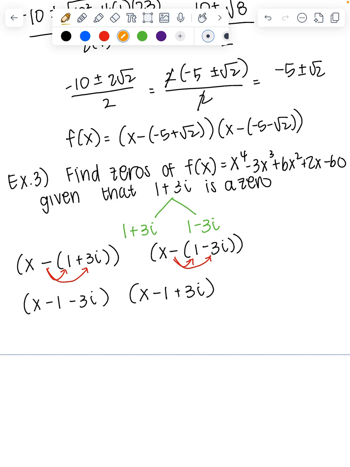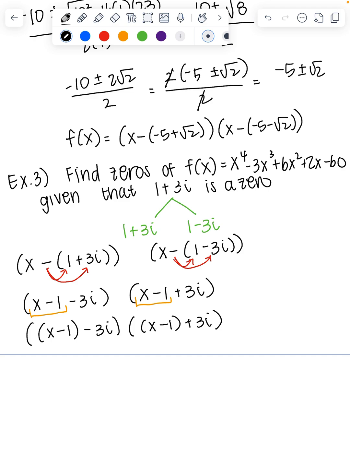Okay, and what we're going to do is group this so that it becomes essentially factored out difference of squares, right? I now can create x minus 1 minus 3i times x minus 1 plus 3i, right?